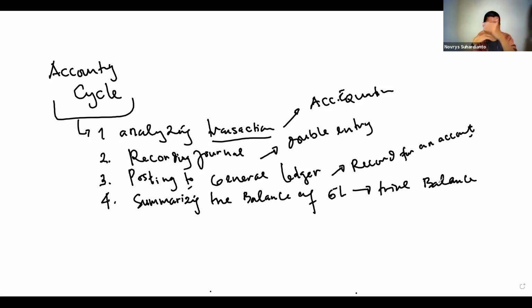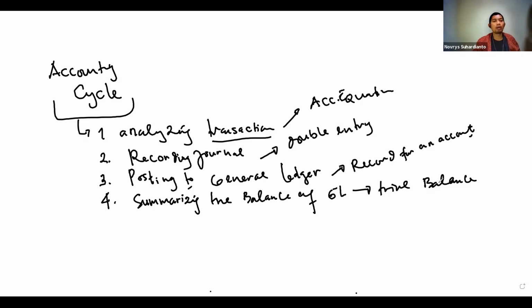We list the accounts from asset to expenses, and we have 2 columns, debit and credit, to put the balance on the right column. So we already learned these 4 steps in last week's meeting.